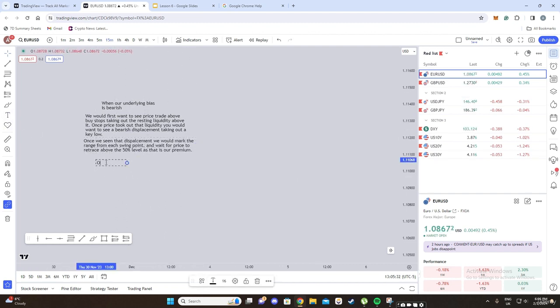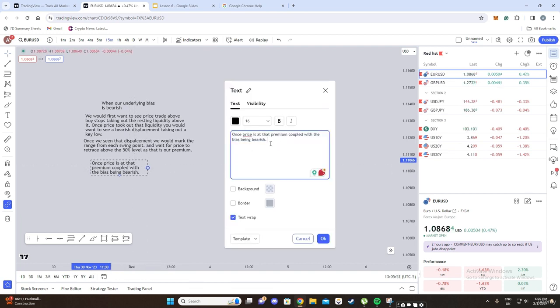So once price is at that premium, coupled with the bias being bearish, and that was confirmed to us due to the displacement taking out that key level, so we can be 100% sure.